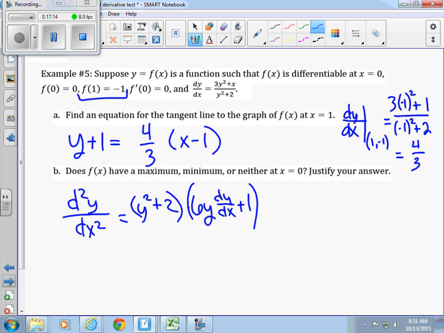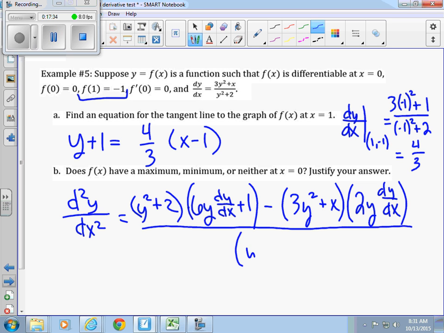I got low d high minus high d low all over low squared. It looks like this is going to be a difficult problem, but it turns out because of the number values, it works out nicely. I want to know the second derivative at 0, 0, right?